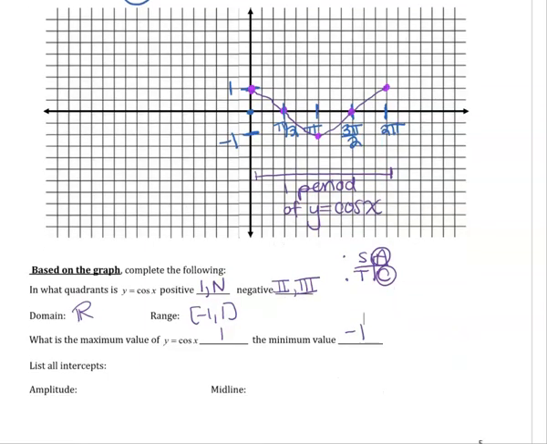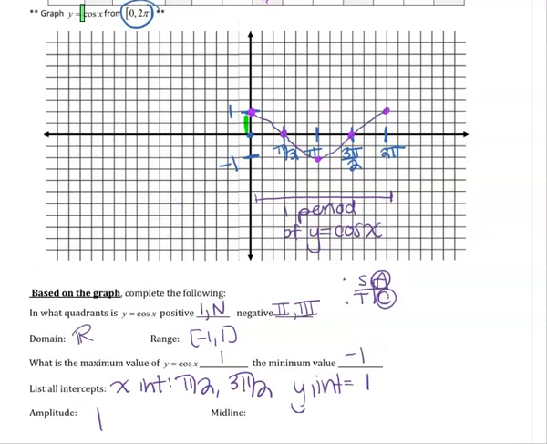Okay, as far as my intercepts go, my x-intercepts are at pi over 2 and 3 pi over 2, and my y-intercept is at 1. Amplitude's 1. Because again, that's our distance from the midline here, which is also the same as the leading coefficient on cos of x, if you notice that.